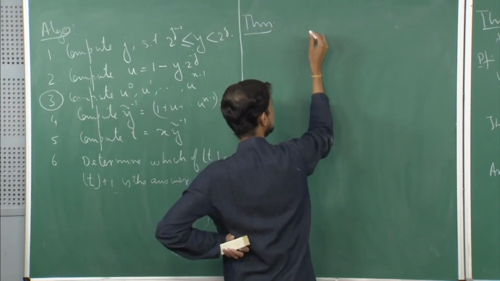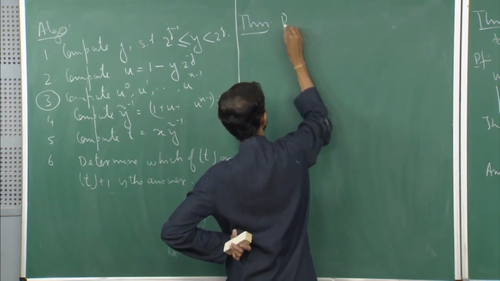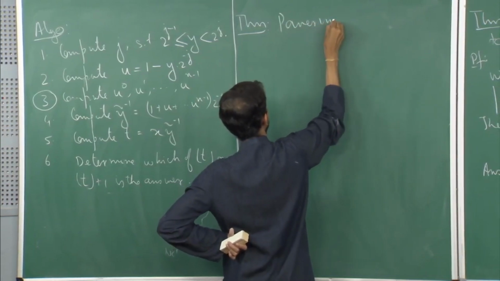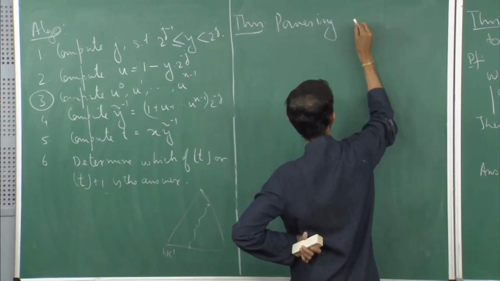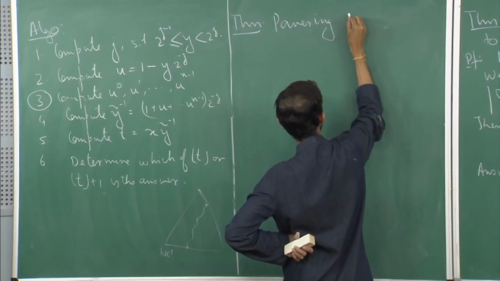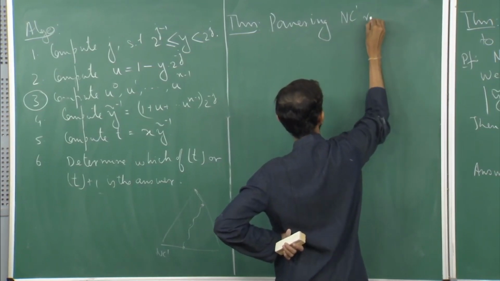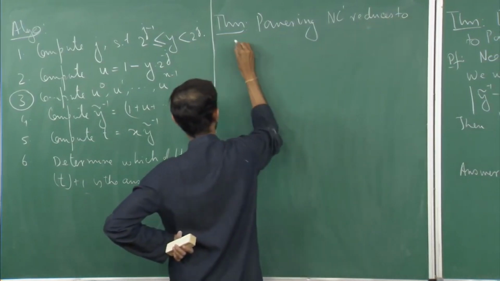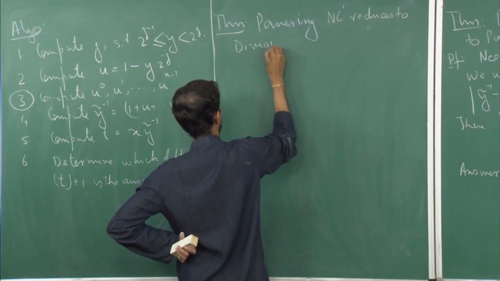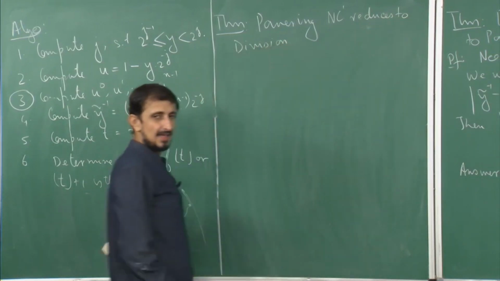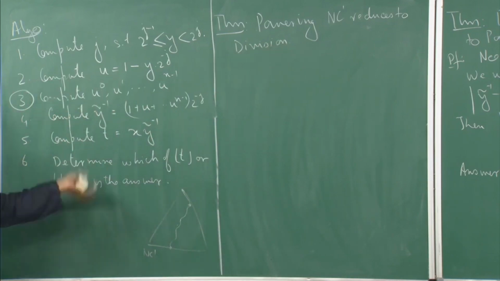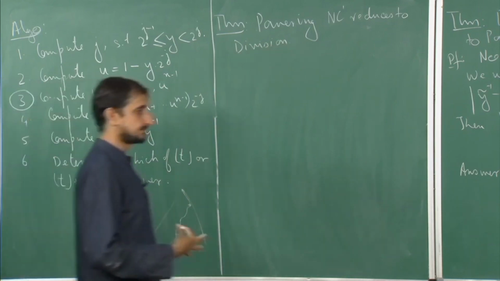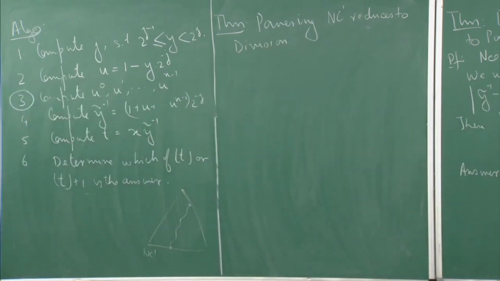Now let us look at the other direction, that is powering NC1 reduces to division. Essentially here we will do the entire thing in reverse in some sense.